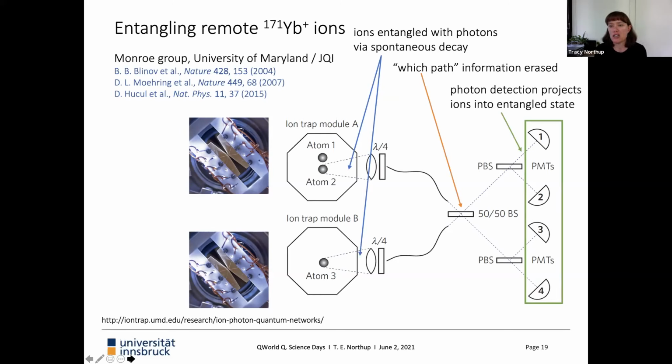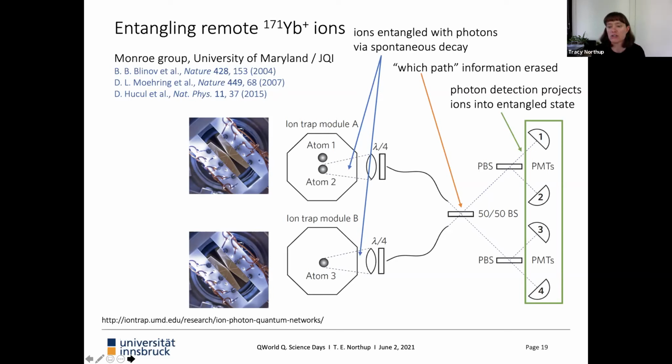And then the final step here is photon detection. Ideally, if you've generated two photons, each entangled with one of the atoms, then you're also going to detect two. Certainly there will be plenty of times when you don't because of losses in the channel, but then you can ignore those cases and focus on the events that are detected.